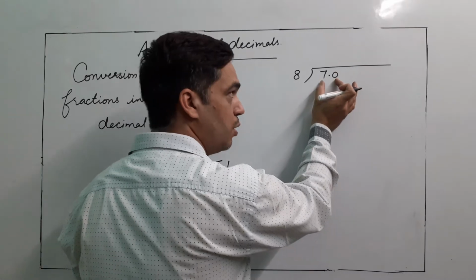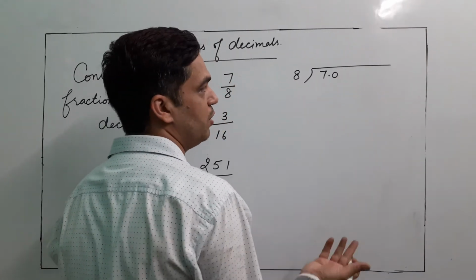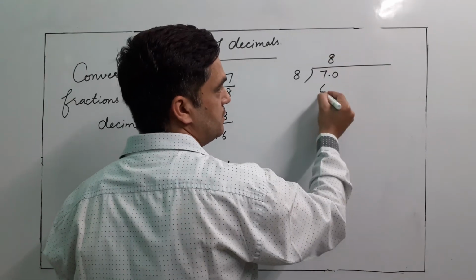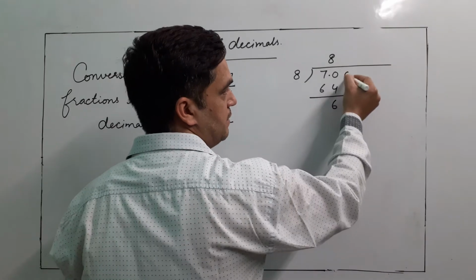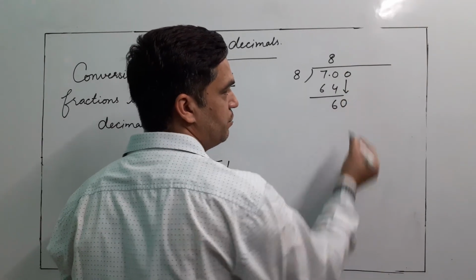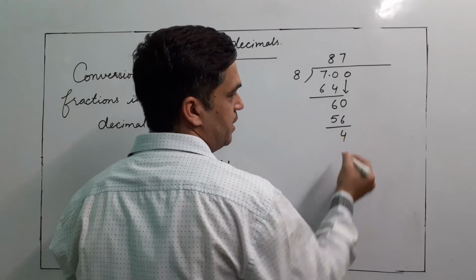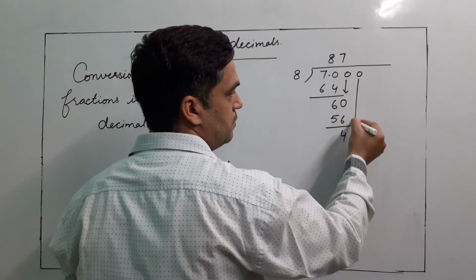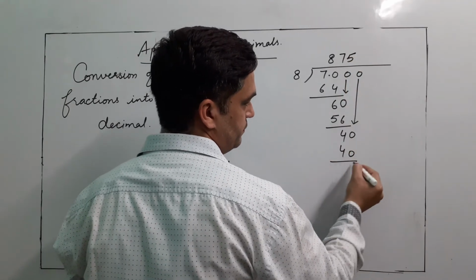You just observe this is 70. 8, count the multiple of 8. 8 eights are 64. Remainder is 6. Next I have taken 0. 8 sevens are 56. Remainder 4. 8 fives are 40.